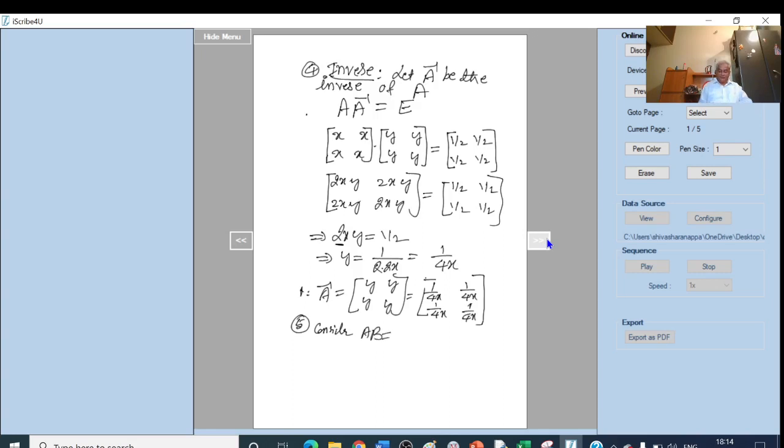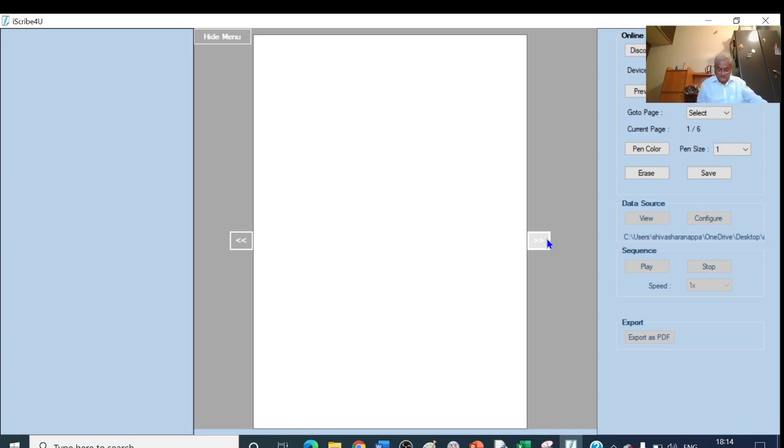This is equal to A is x, x, x, x, and B is y, y, y, y. Then, taking the multiplication, first row, first column, second column, second row, first column, second column, we get here 2xy, 2xy, 2xy, 2xy. This is our AB.